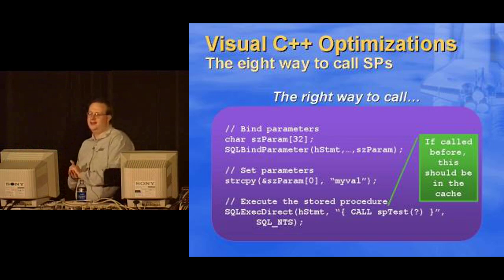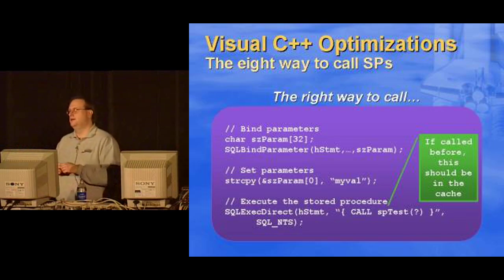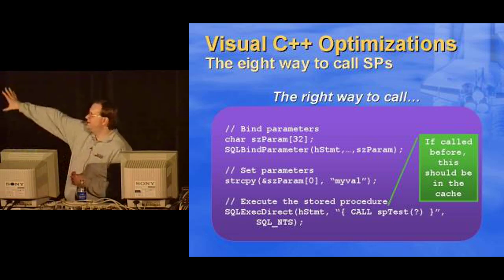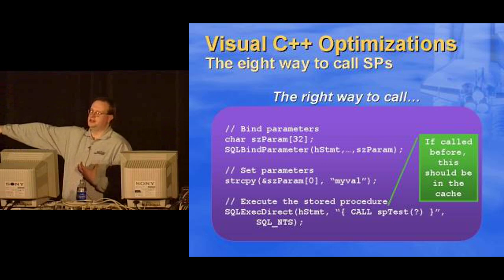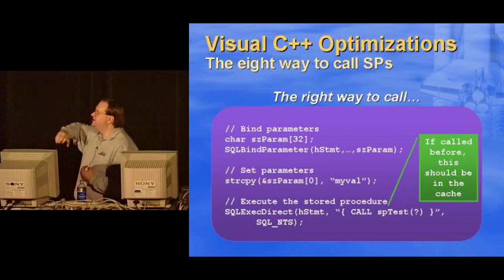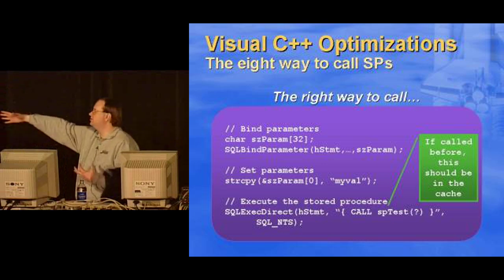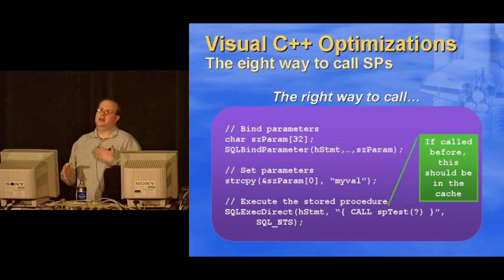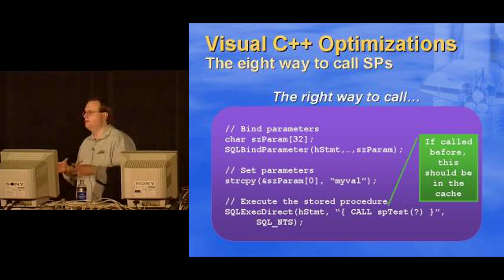Now, in my opinion, the right way to call this is to bind by parameters. And what I've done here is I've given an ODBC representation of this. And what you do in ODBC is you would call SQL bind parameter. In OLEDB and ADO, you would use a different semantic, but effectively, all the methodologies have a concept of binding a parameter.